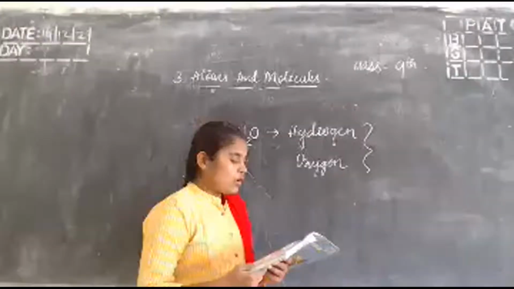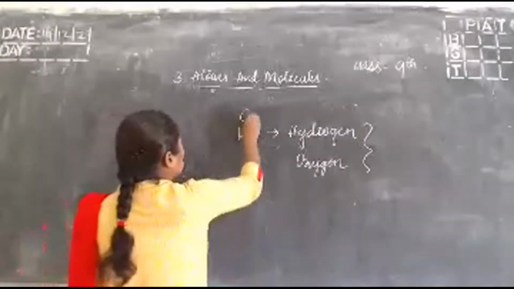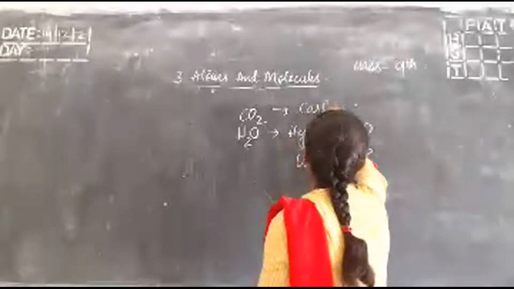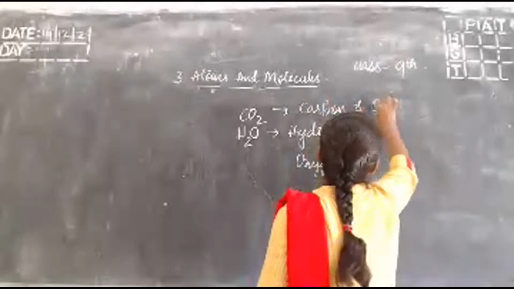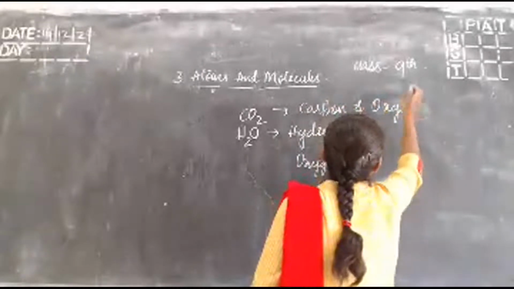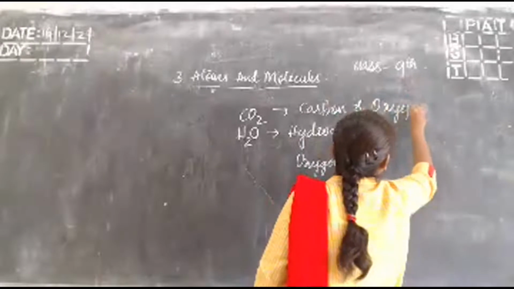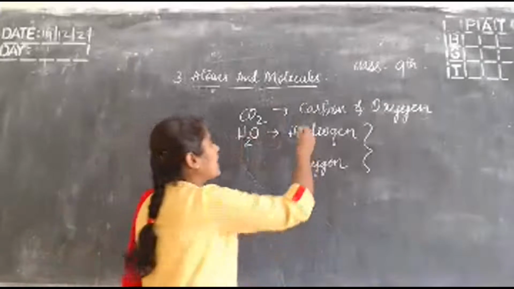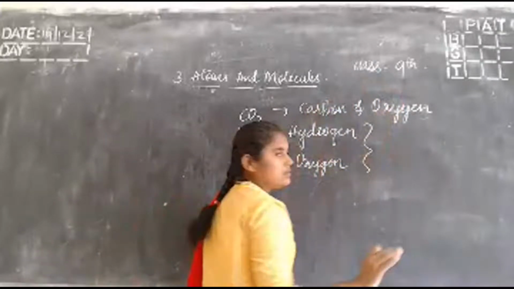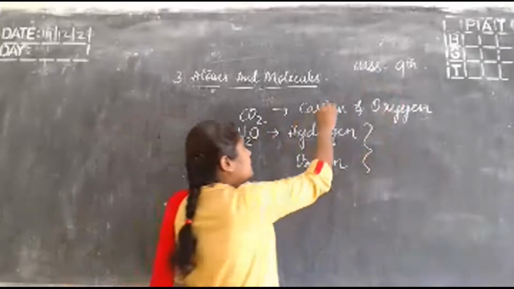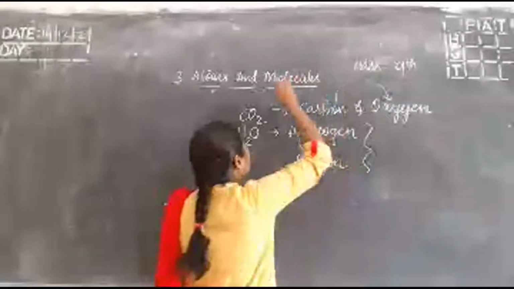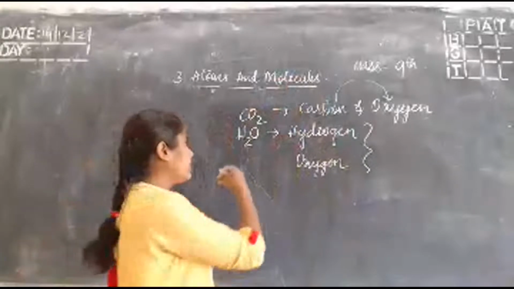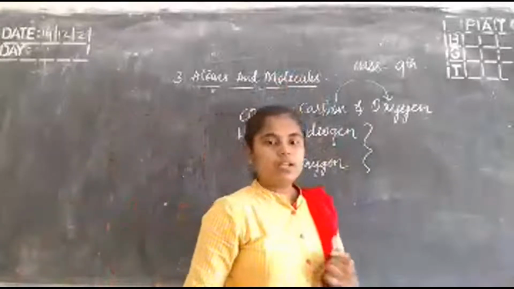Then take carbon dioxide, which has the formula CO2. Here we have carbon and oxygen. Carbon is one element, oxygen is a different element. They combine and form the molecule of the compound.